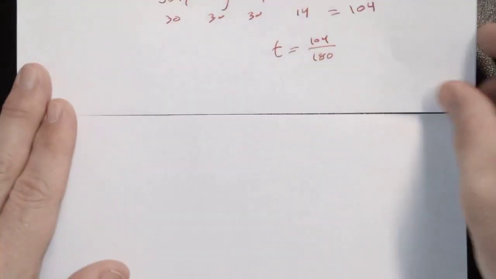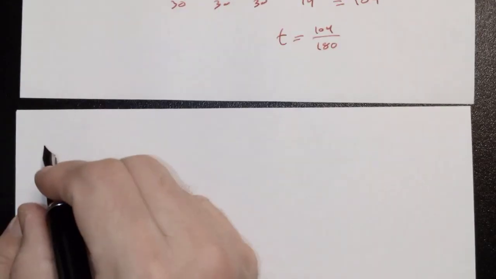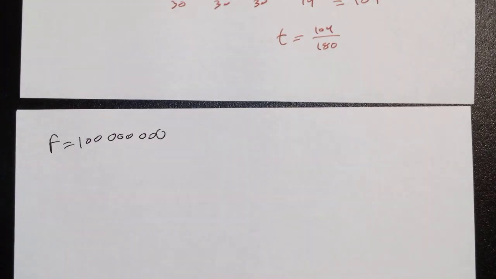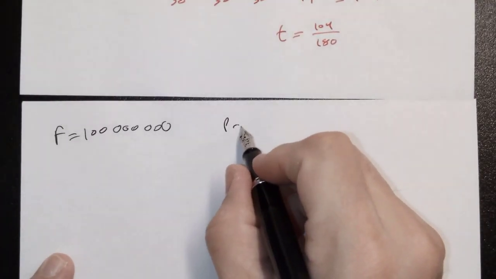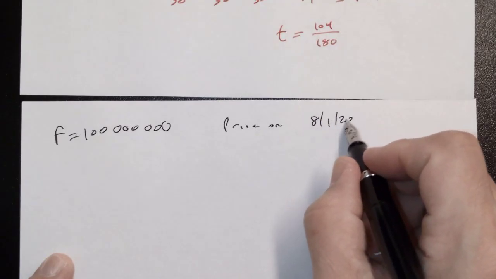An example. We'll use the same bonds we were using in this example, the $100 million 20-year bond. And I want the price on August 1st, 2020.